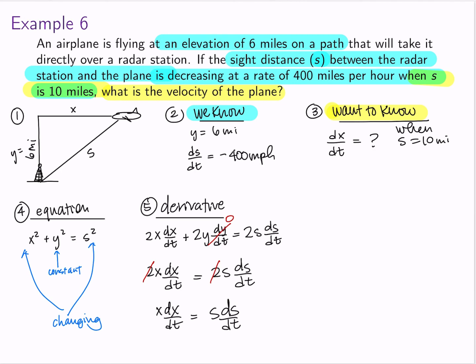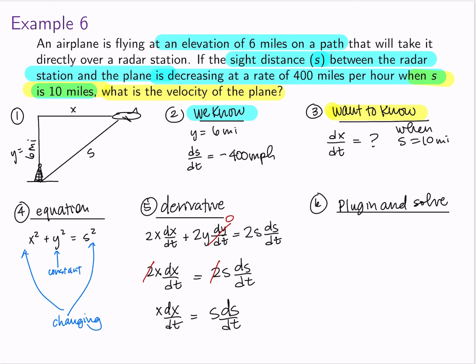All right, so step 6, we can plug in. What is x? That's something I don't know yet. If I start all the way on the left of my equation, I need to start with x, and that's something I don't know. But what do I know? The instant I care about, I know that y is 6 and s is 10.